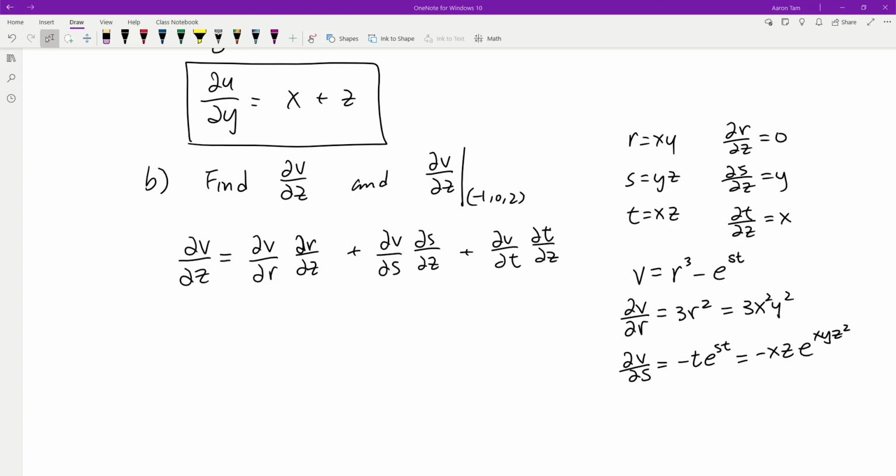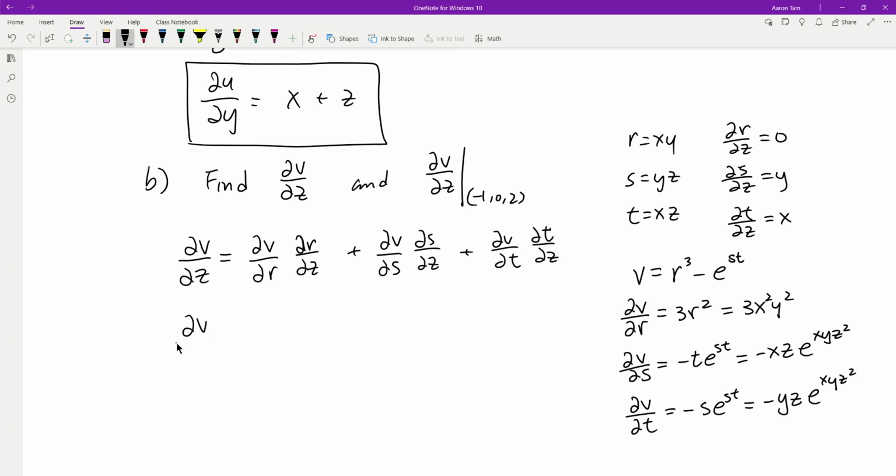And dv over dt would equal negative s e to the st, so that would be negative yz e to the xyz squared also.